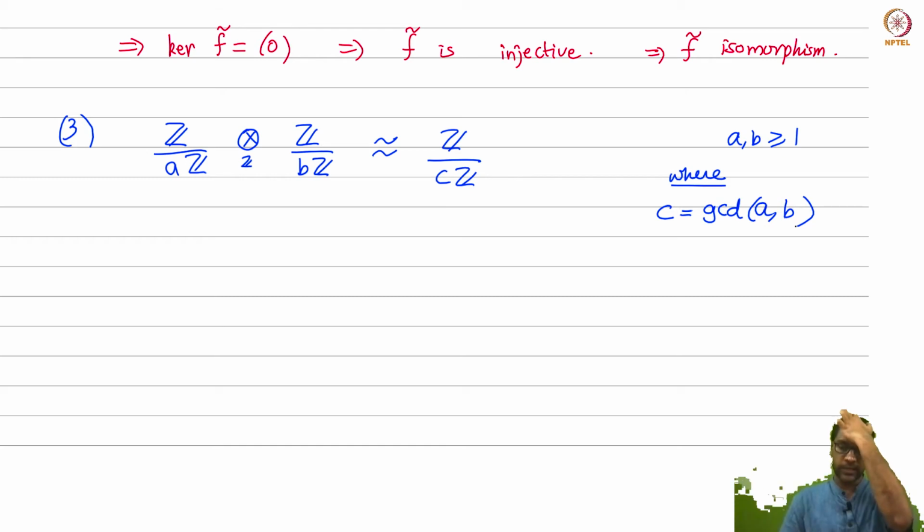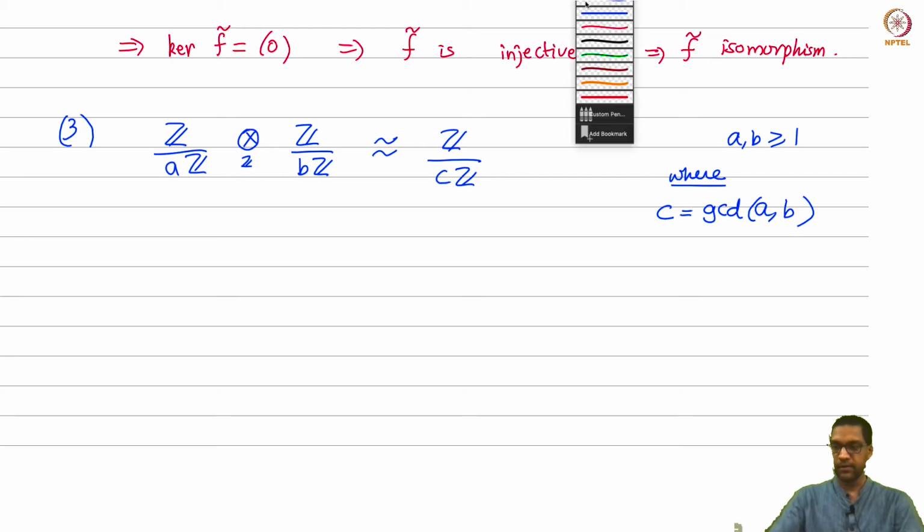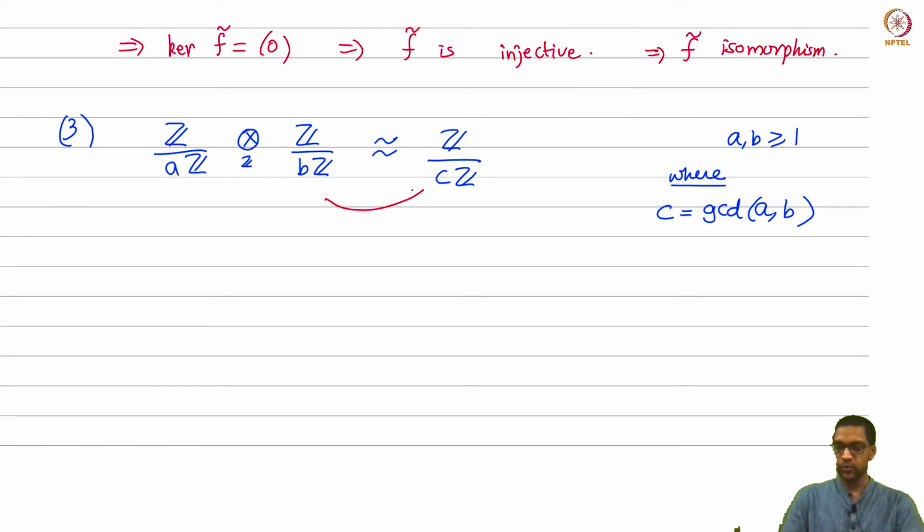So again our strategy is going to be the same. We will try and use the universal property to construct a map from the tensor product to this other module, and then we will show that that map is actually an isomorphism. Okay, so let's do this quickly. So from Z mod AZ cross Z mod BZ, I need to start with the bilinear map.